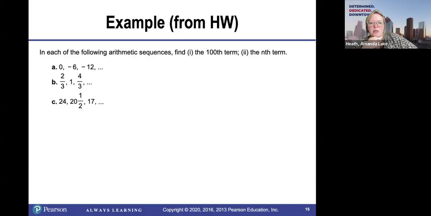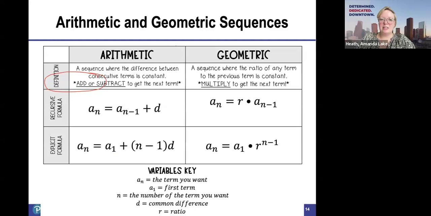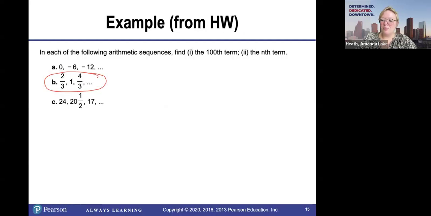So say we're given this sequence in the middle: 2/3, 1, 4/3. We need to find the 100th term and the nth term. The easiest way to do that is to use that explicit formula. In this case, a_1, the original term, is 2/3.